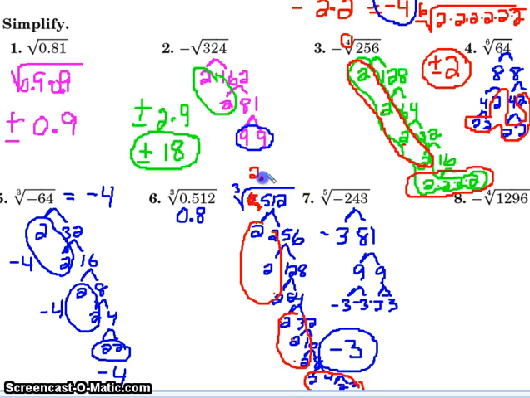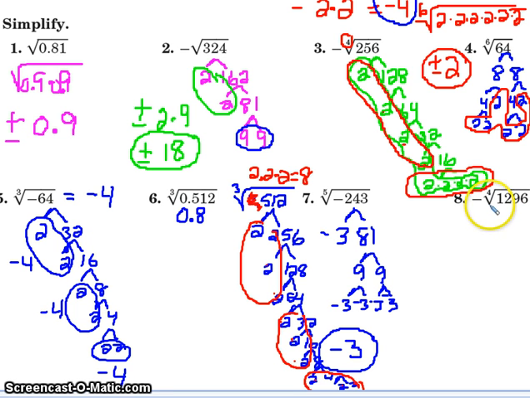So this would be 2 times 2 times 2, or 8. And so since we have this decimal involved, that's where we get the 0.8. We are looking for groups of 3 when we're taking the cubed root.